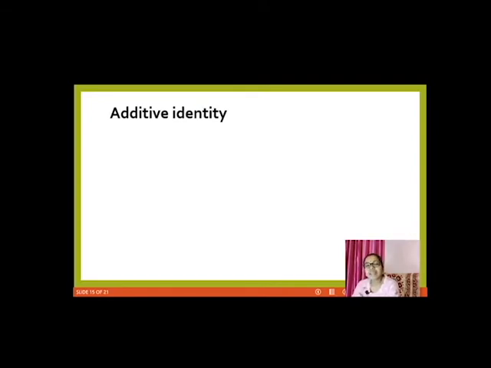This is additive identity. What is identity? Identity means the individual's property. After adding with a whole number, if the identity of that whole number is not getting changed, we can call that number the additive identity.